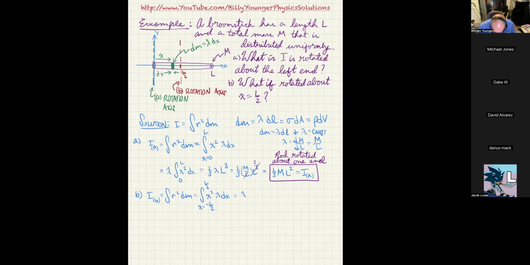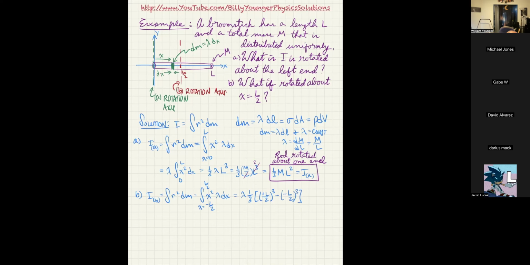Again, I pull the lambda out in front and I get 1/3 x cubed, but x cubed evaluated at L over 2, I'll actually write it out because this is a little bit more complicated arithmetic. So I'm going to say positive L over 2 cubed minus negative L over 2 cubed.